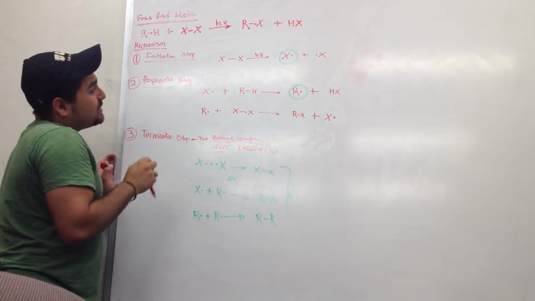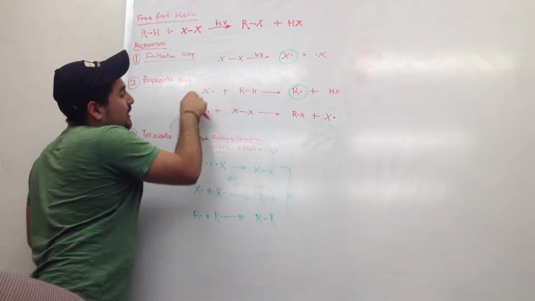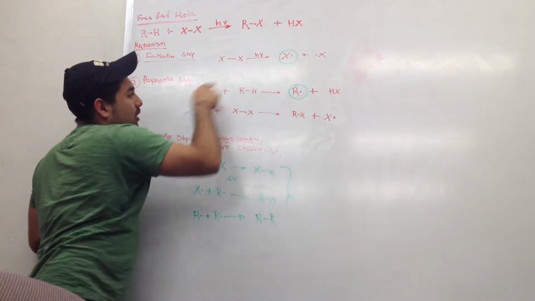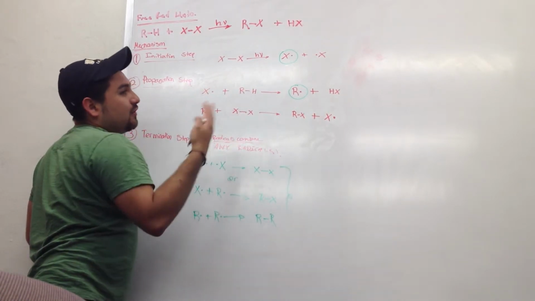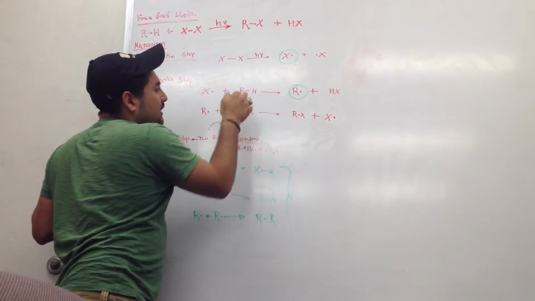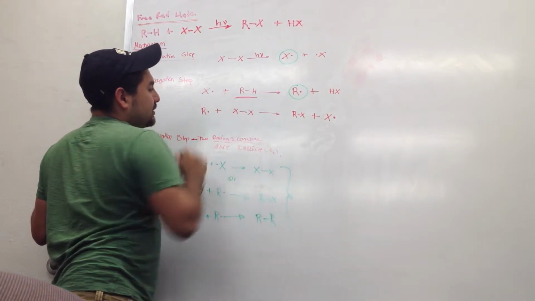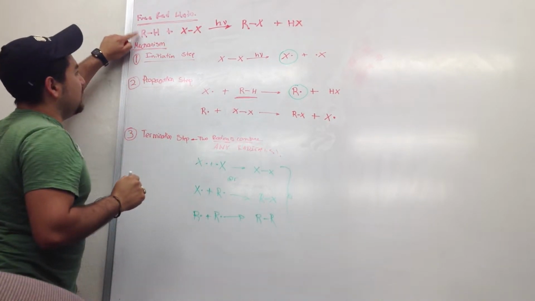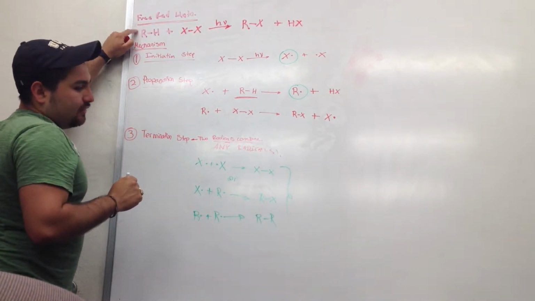The propagation step involves one of the radicals plus the alkane that you're originally planning on halogenating.